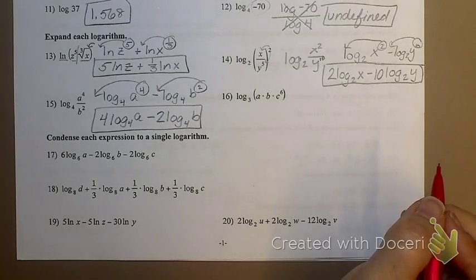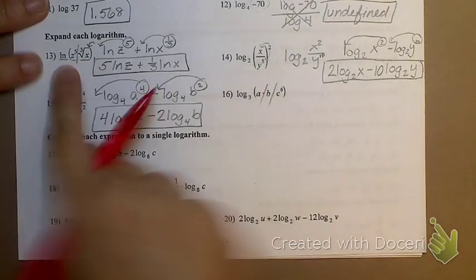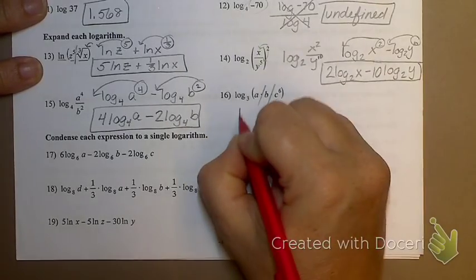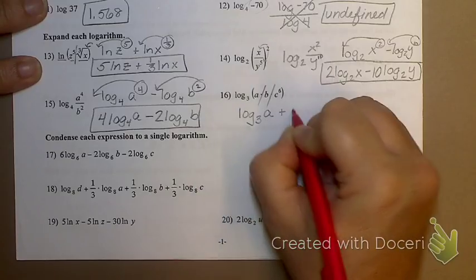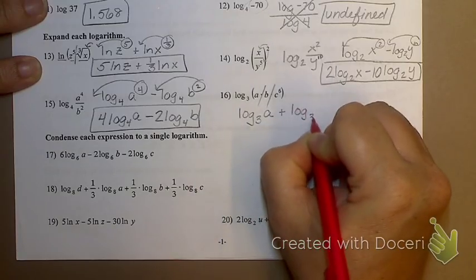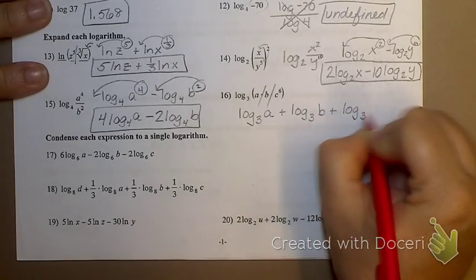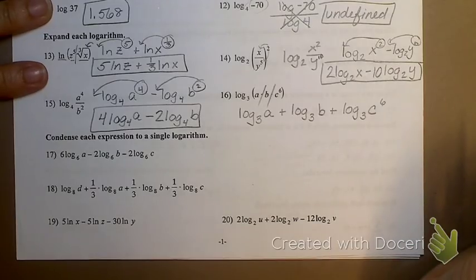And number 16, I have a bunch of stuff connected by multiplication. So just like in that first one, multiplication breaks up to what? Addition. So log base 3 of A plus log base 3 of B plus log base 3 of C to the 6th. And the last thing I do is bump any exponents forward.